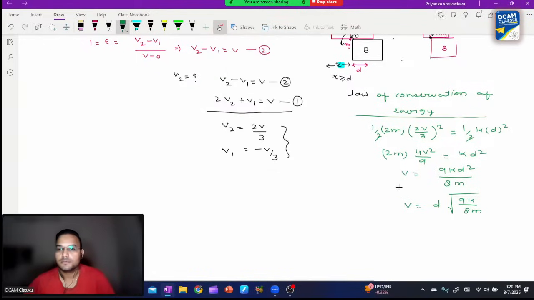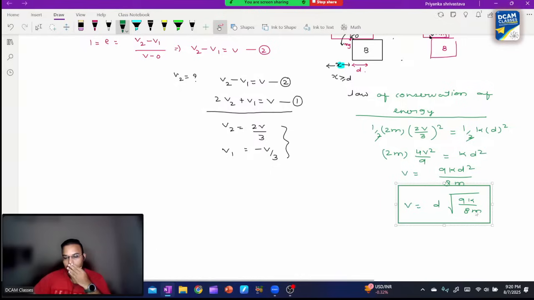This is your answer. Or more simply, V is equal to 3d root over k by 8m.